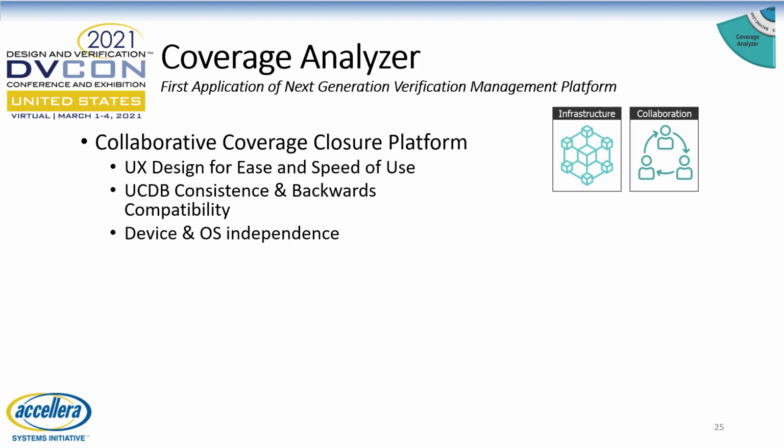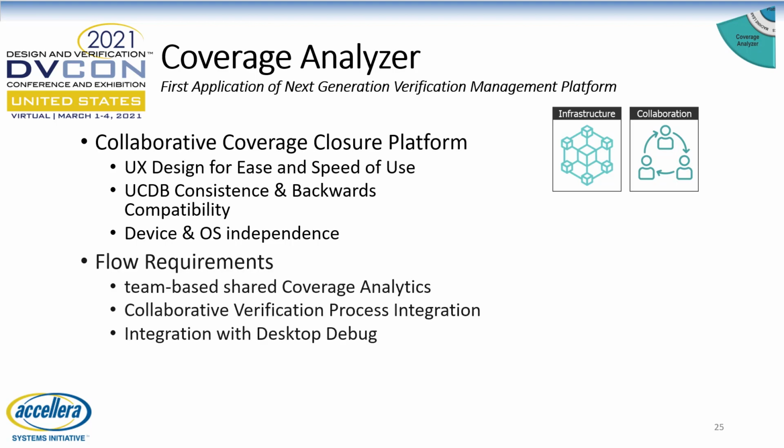It is completely consistent and backwards compatible with the UCDB, so it fits straight into the existing verification management flow. Having been designed using a web-based platform, it is both device and OS independent, allowing the use of Apple and mobile devices like the rest of the platform.